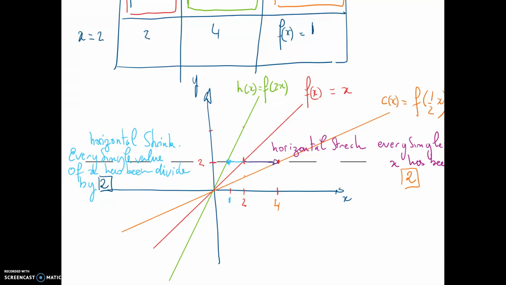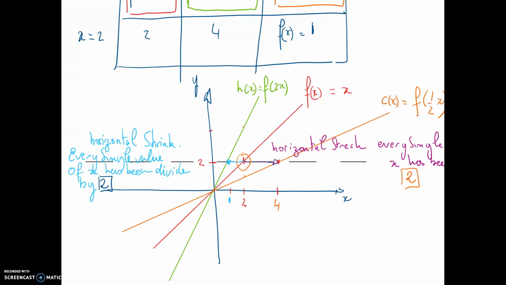It is because if I take the coordinate of the point on my function f of x equal x, this one right here, and I look at what should be the new value of x to have exactly the same value of y, I can see that this value of x has been multiplied by 2.